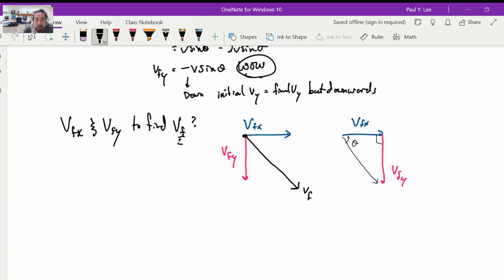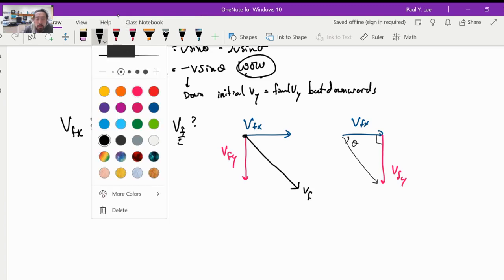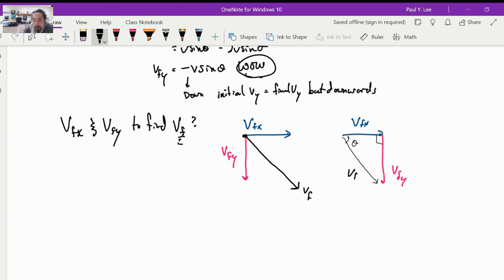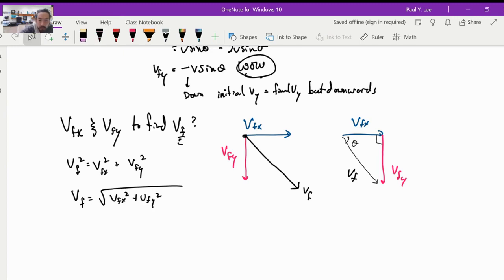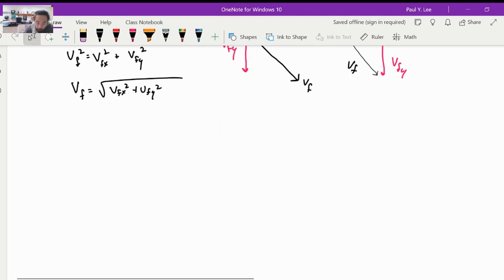So with right triangles, what we need to do is use the Pythagorean theorem to find the actual VF. So let's set up our formula. We can say VF squared is equal to VFX squared plus VFY squared. Okay, so that's the Pythagorean theorem. But if we actually are looking for VF, we see that it's the square root of VFX squared plus VFY squared.